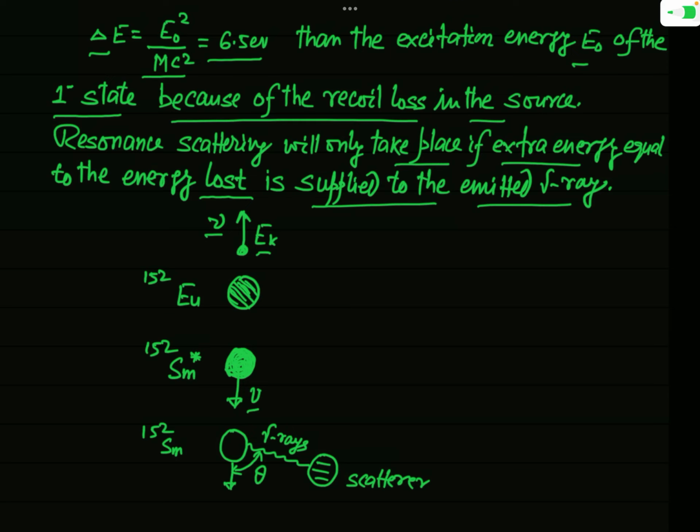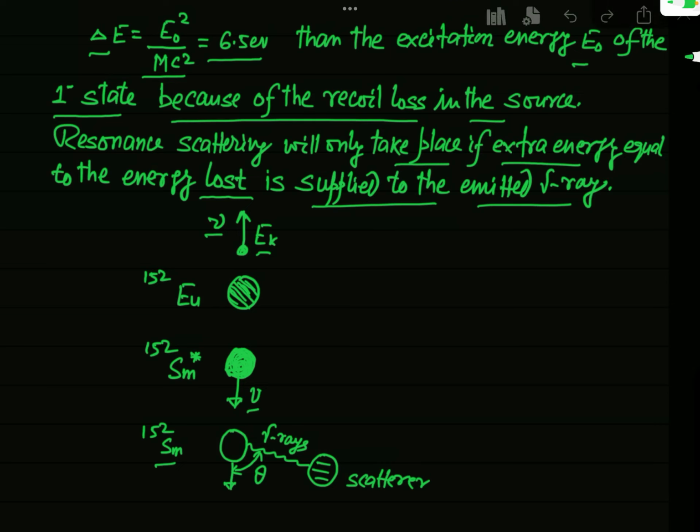After that this loses its energy and goes to the ground state via the gamma emission. And so after losing energy by gamma emission, this nucleus is in its ground state, and then this gamma ray is scattered by a magnetized iron scatterer.